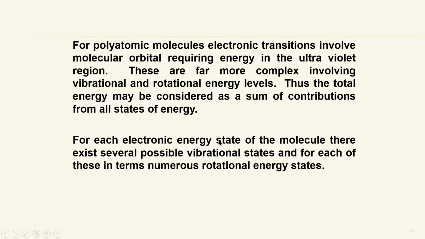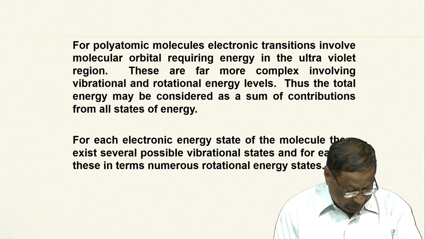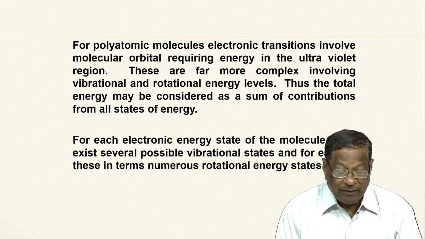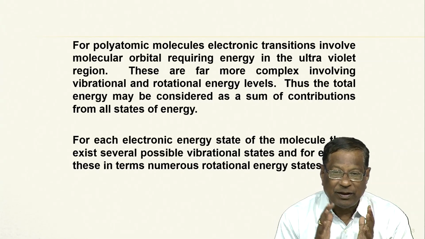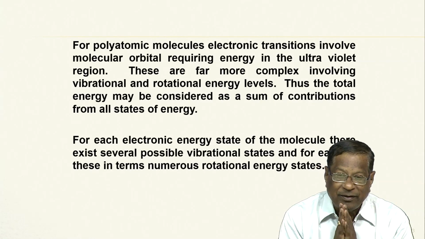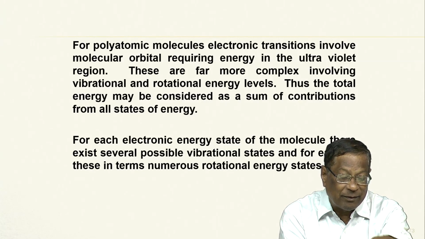So, for polyatomic transitions, that is not the case, because they involve molecular orbitals requiring energy in the ultraviolet region, and these are far more complex, involving vibrational and rotational energy levels. So, the total energy may be considered as the sum of the contributions from all states of energy.